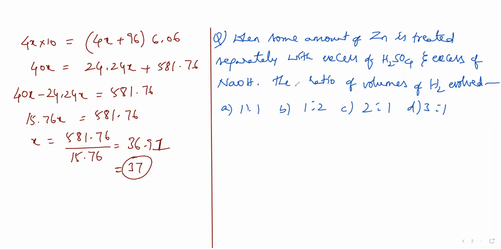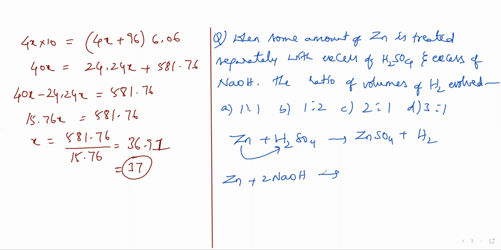Okay, how to find out? First write down the reaction between zinc and H2SO4. Zinc can displace H2, then what you will get? Zinc sulfate plus H2. Next one, zinc plus NaOH. I'm writing the balanced equation now: Na2ZnO2, sodium zincate, plus H2.